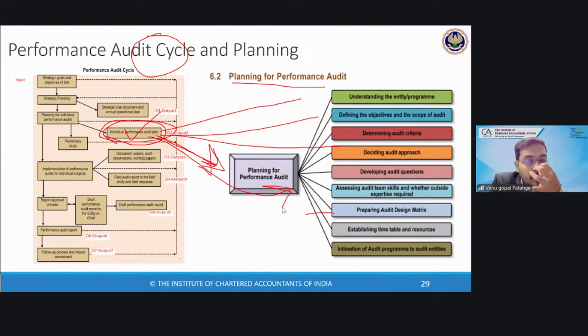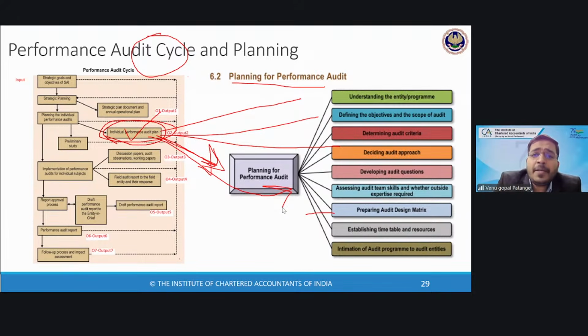So let's see here. Now, audit design matrix, what does it have? It has audit objective, audit criteria, audit questions, evidence, and data collection and analysis. So once you know what the audit design matrix is, you can remember the entire flow.